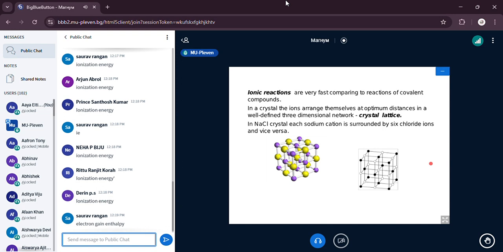They have a crystal lattice, and here you can see such a crystal lattice of sodium chloride. In the lattice of sodium chloride, each sodium ion is surrounded by 6 chloride ions, and each chloride ion is surrounded by 6 sodium ions.